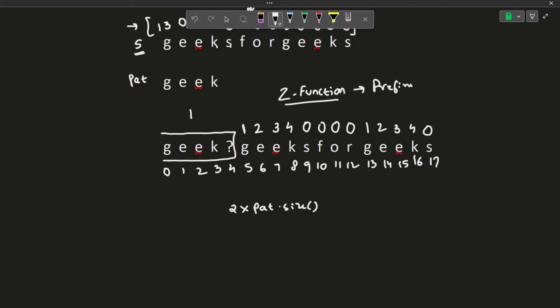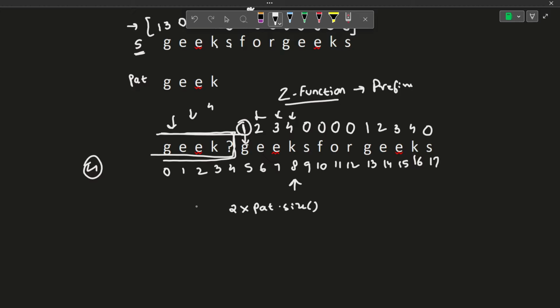So the pattern size here is 4 and the position that we want to start is 8. You can clearly see why it is 8, because this is the first position that our pattern can end at, right? This part is actually very useless, it is of no use. Our pattern cannot end at this particular position, because the pattern is itself of size 4, so it can never have this value 1, then 2, then 3 and then 4. So this is actually the first position where we can expect our answer to be, right?